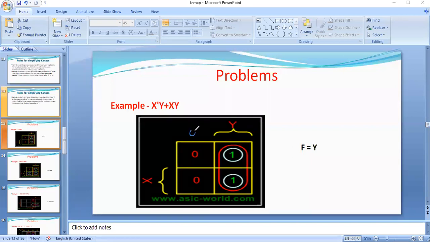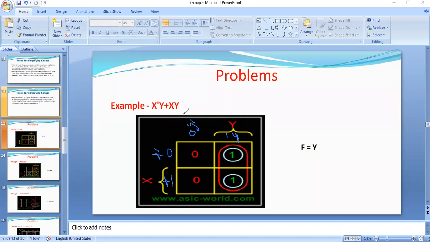In SOP, 0 is the complemented variable, so we write X bar, and here X. Similarly, we write Y bar and Y.